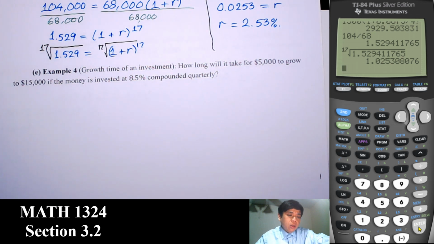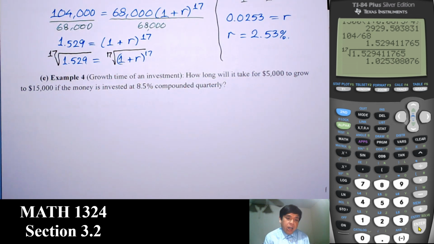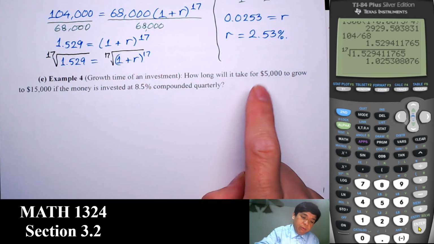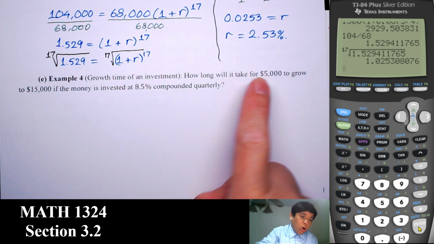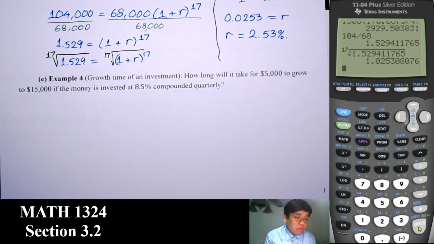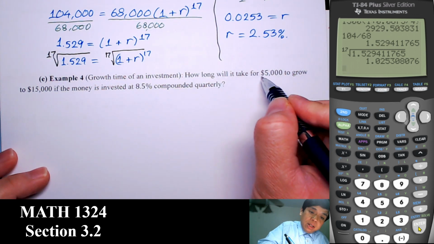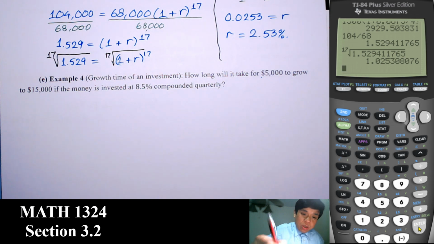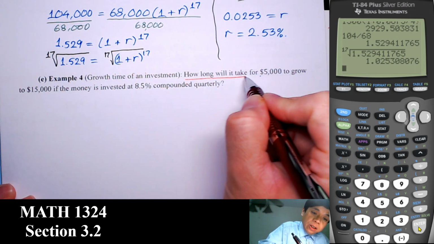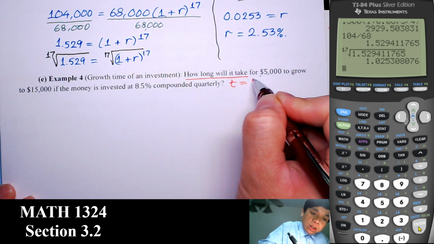Right. Roll time of an investment. How long will it take for 5,000 to grow to 15,000 if the money is invested at 8.5% compounded quarterly? So let's write down what we have. How long will it take? So we start with the question. T equal to what?